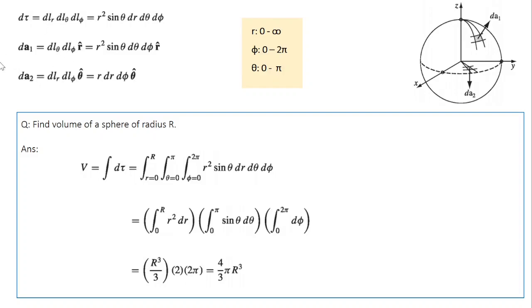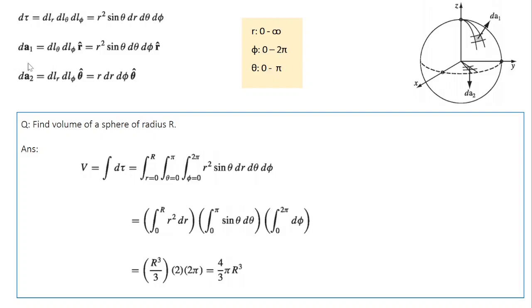Coming to the area element, the definition of the area element depends on the orientation of the area or the surface. For example, if you take a sphere like this and you want to do an integration over the surface, the radius is constant. So the only things which change are the theta coordinate and the phi coordinate.